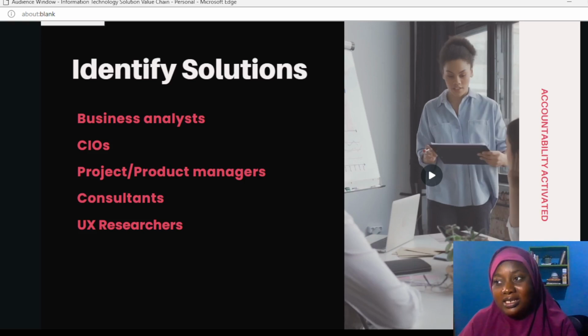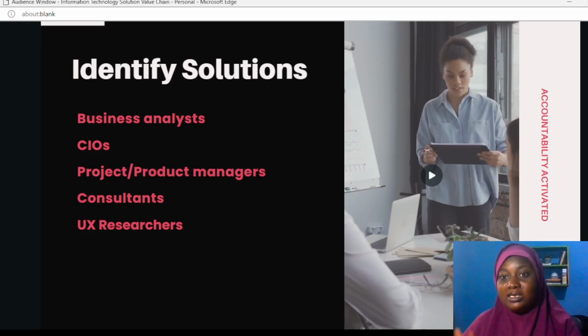Even if they are not the ones that identify the solutions, it is essential that they are involved in this stage so that they know what solutions they are building, and also they might even advise the company that this is not the right solution, the solution has these issues. So they do research to ensure that the user's experience in using the solution is going to be smooth.